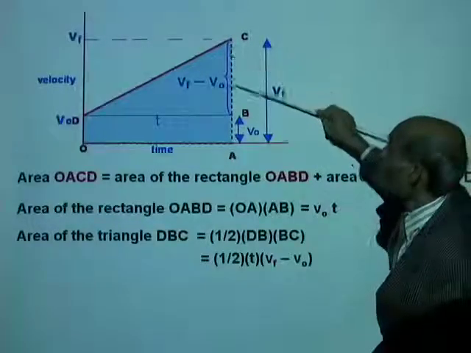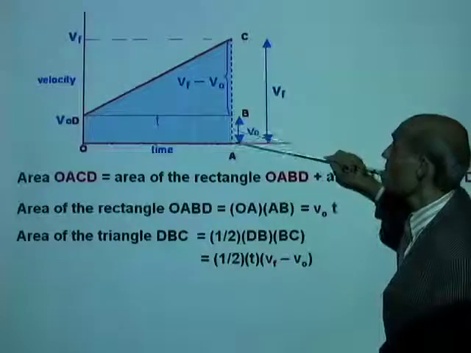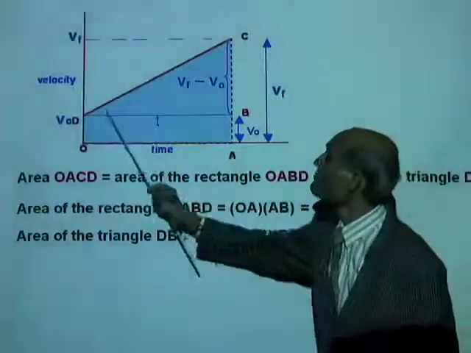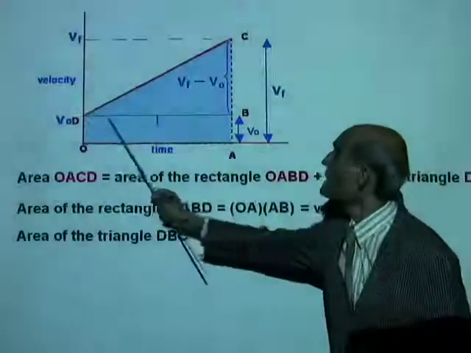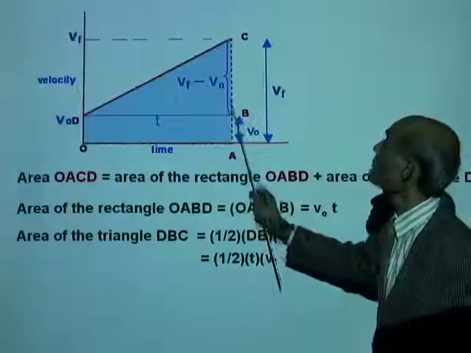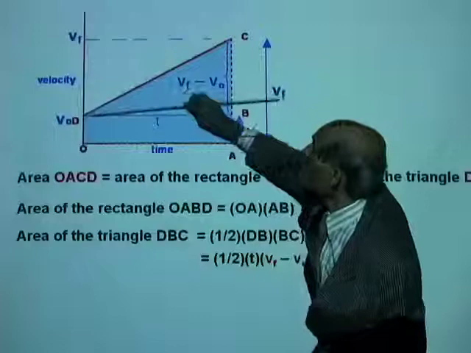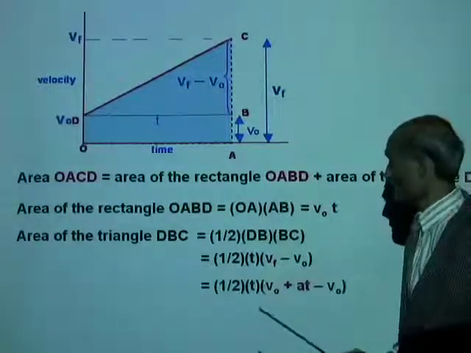Therefore, what is that length BC? That will be Vf minus V0. So the area of this triangle is 1/2 of base, that is t, multiplied by height, that is Vf minus V0. Okay.